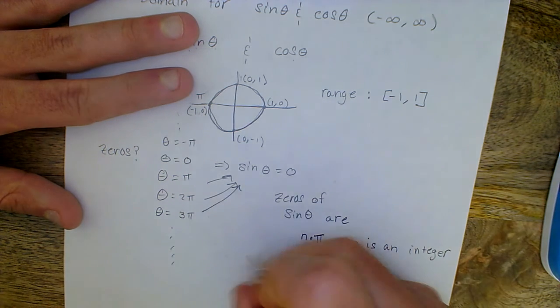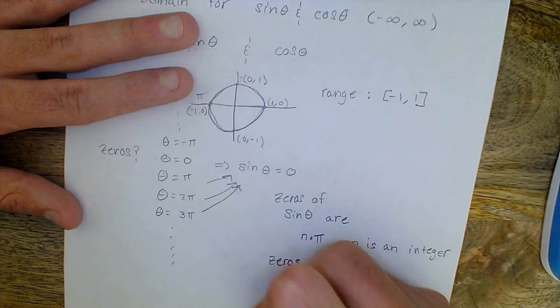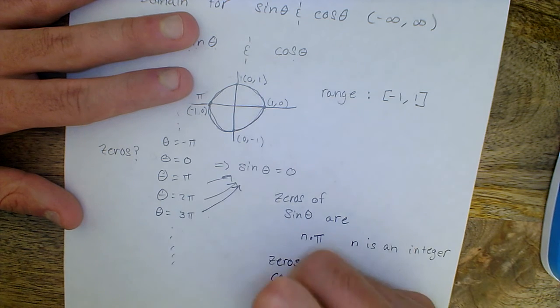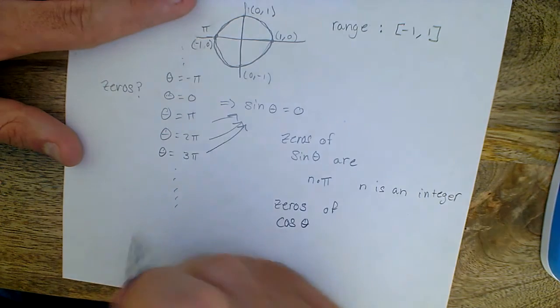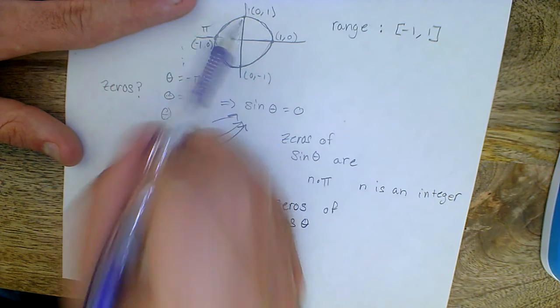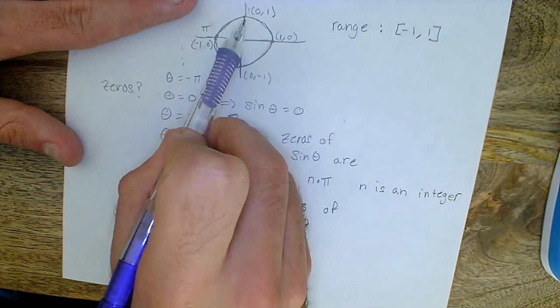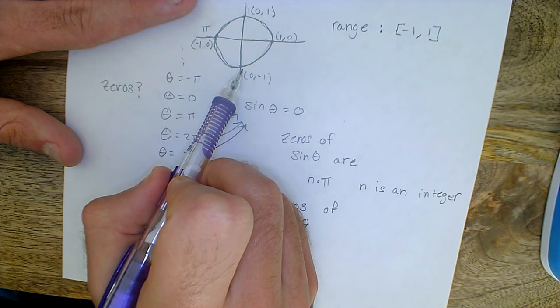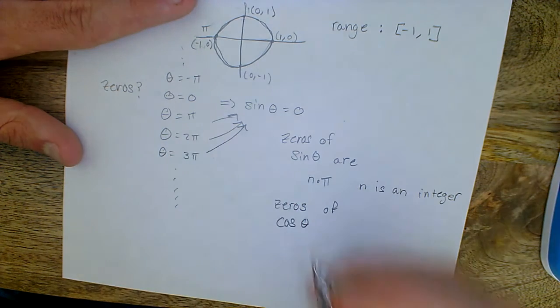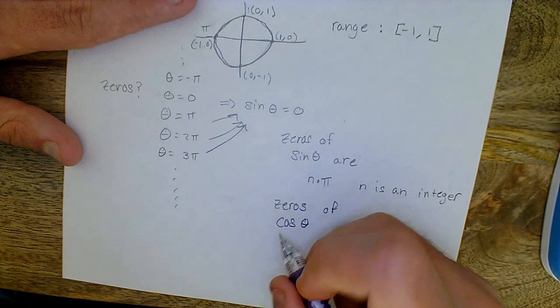Okay, and the same for the zeros of cosine theta. If I plug in pi over 2, 3 pi over 2, 5 pi over 2, 7 pi over 2, and so on and so forth, you get it.